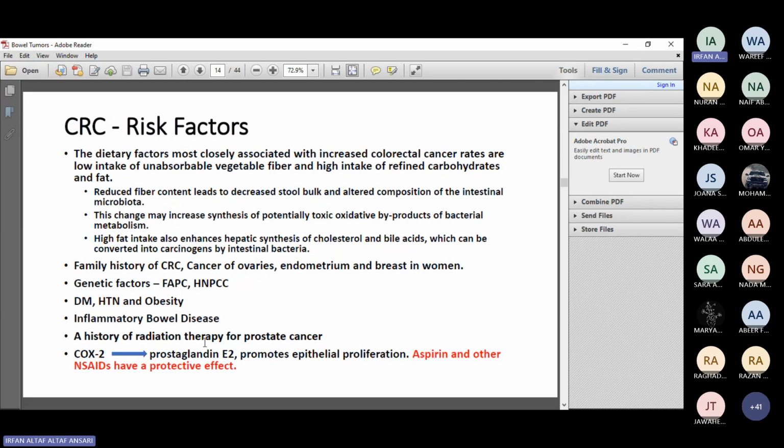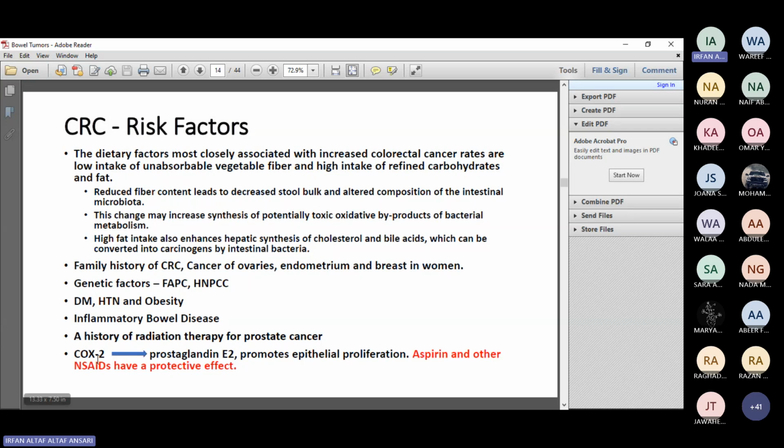A history of radiation therapy for prostate cancer or any other intra-abdominal cancer, exposure to radiation will lead to an increase. There is one mechanism, COX-2. This is the enzyme which converts to prostaglandin E2. This prostaglandin E2 promotes epithelial proliferation.